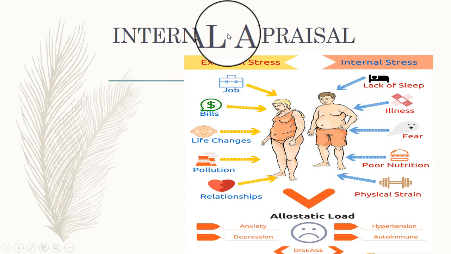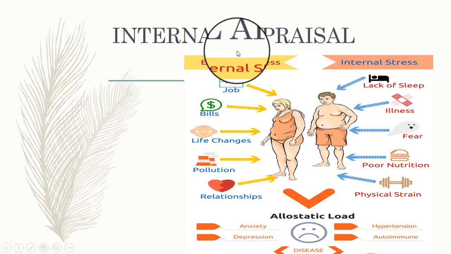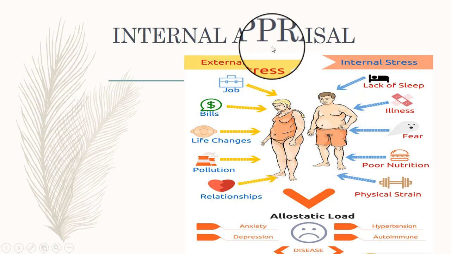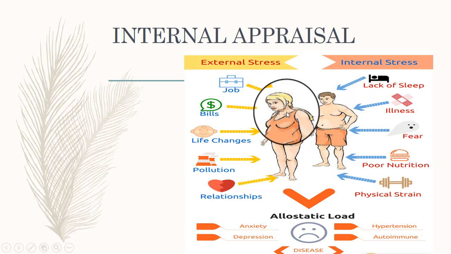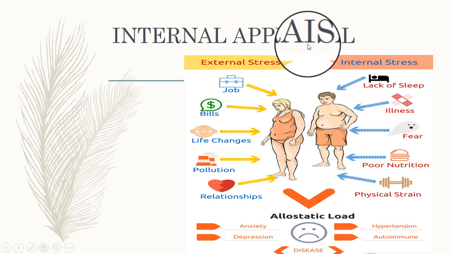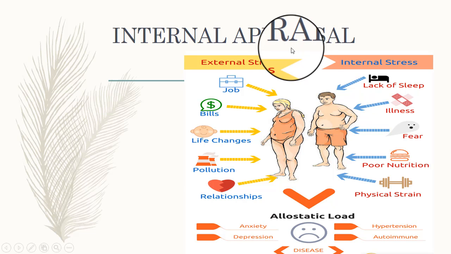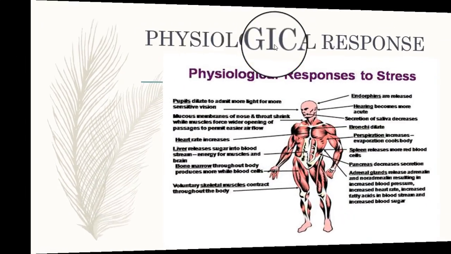This was all about the internal appraisal: how the hypothalamus is interconnected with the pituitary gland, and how they maintain emotions and various patterns of life so that a human being has some kind of balance in their life.